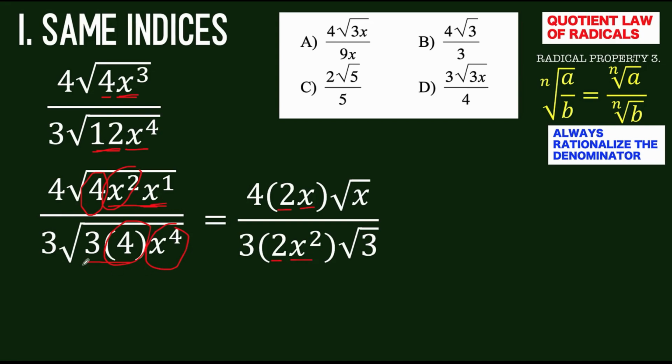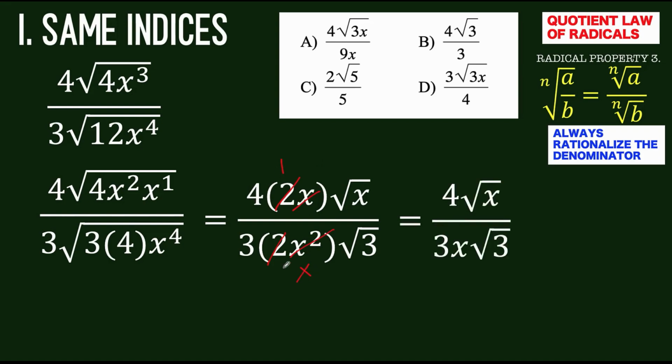So what's left is square root of 3. Now notice that 2 and 2 are common, and 2 divided by 2 is equal to 1. X divided by x squared is 1 over x. So you have x here. So 4 times 1 times square root of x is 4 square root of x. 3 times x times square root of 3 is 3x square root of 3.